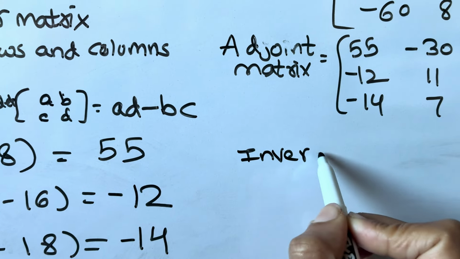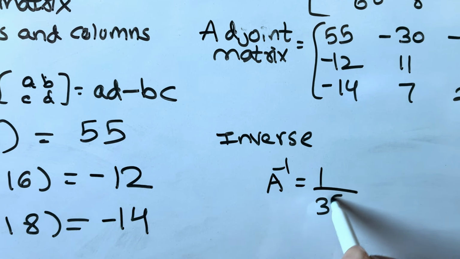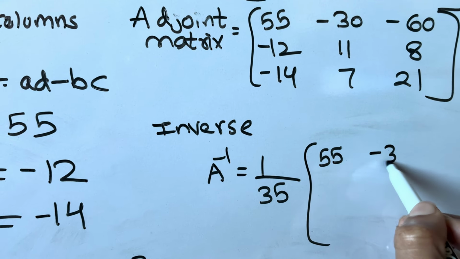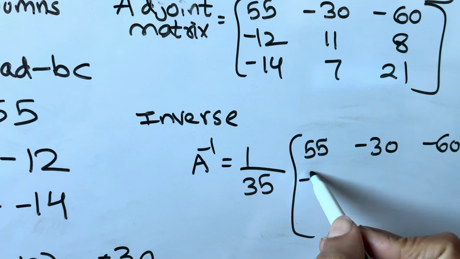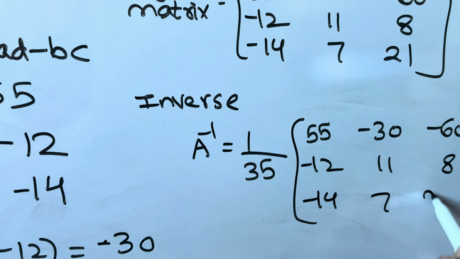A inverse would be nothing but 1 by 35 times the adjoint matrix: 55, minus 30, minus 60, minus 12, 11, 8, minus 14, 7 and 21.